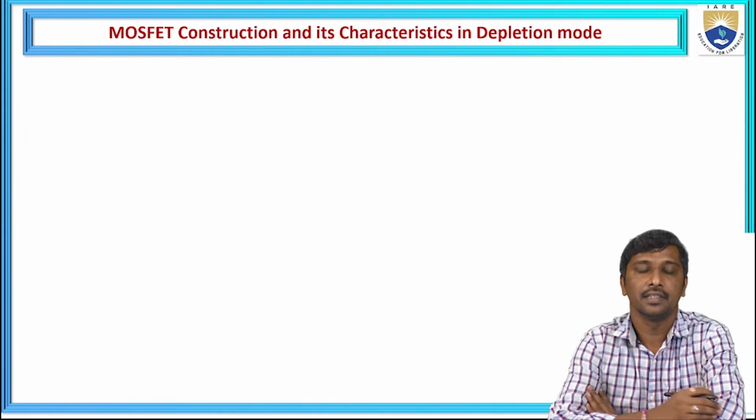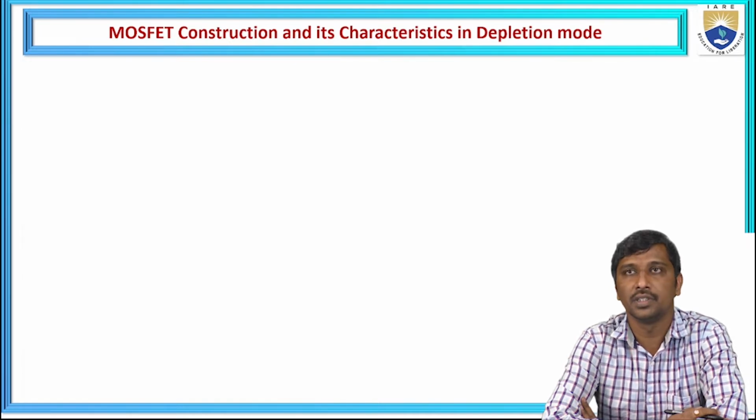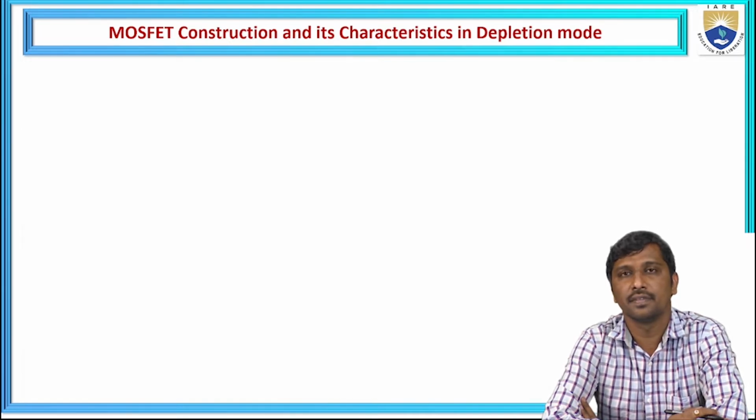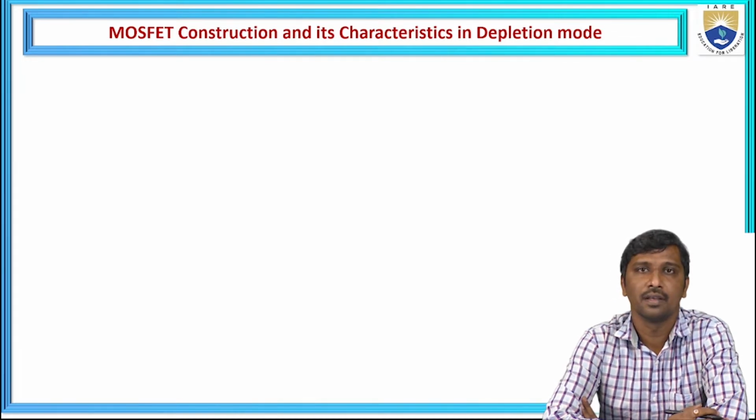In the last sessions, we observed how we constructed the JFET as well as the MOSFET in enhancement mode, and we also observed the characteristics of the MOSFET in enhancement mode. Now we are going to discuss the construction of a MOSFET in depletion mode.